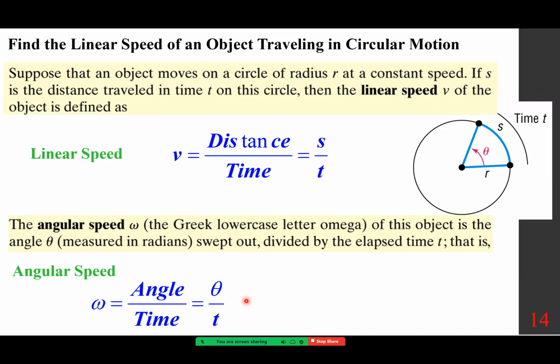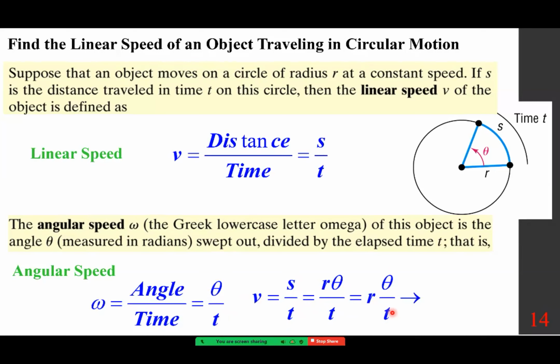Let's do some manipulation. V is s over t, and we know s to be r theta. Let's separate this into r times theta over t. The reason we do that is because we know theta over t is omega.